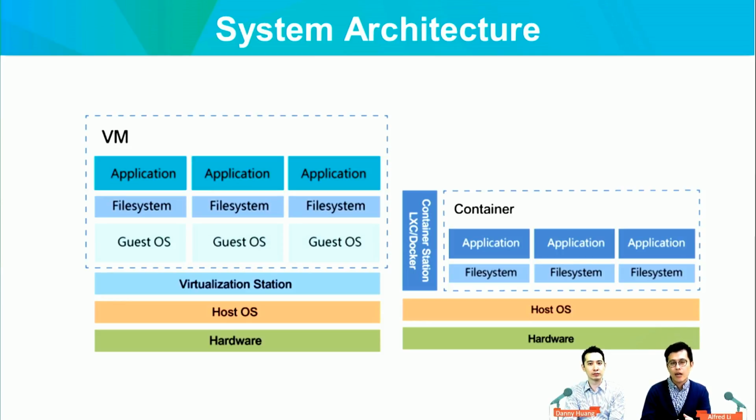We can see the hardware is Mustang-200, and the host OS is our QTS Lite. Based on this, when the customer installs the virtualization station, you can create a virtual machine, which is a standalone system. You can choose Windows or Linux, run its file system, and then run the application on top of that. It's standalone, more isolated and more secure.